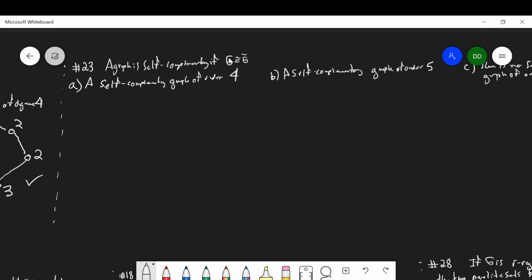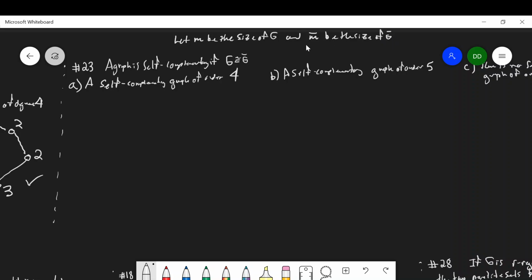And so with that, let me say something about the relationship between the number of edges in G and G complement. So let's say let M be the size of G, and M bar be the size of G complement.